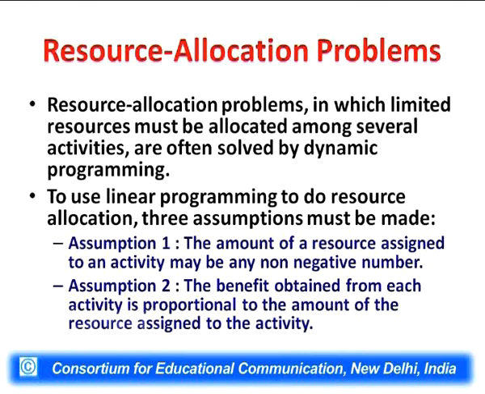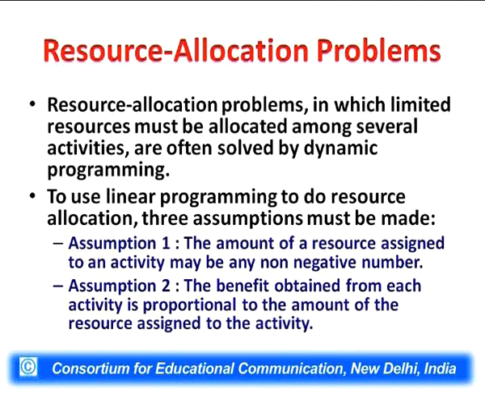To use linear programming to do resource allocation, three assumptions must be there, because the linear programming technique is used on some assumptions. I am repeating those assumptions. Assumption number one, the amount of a resource assigned to an activity may be any non-negative number.